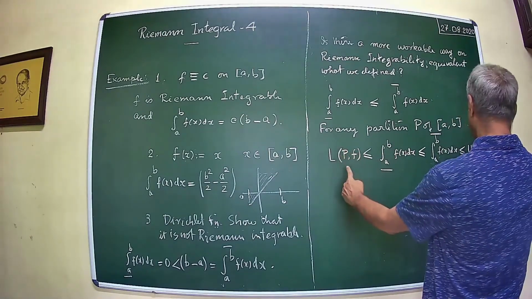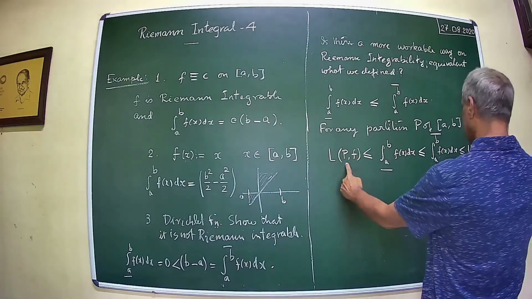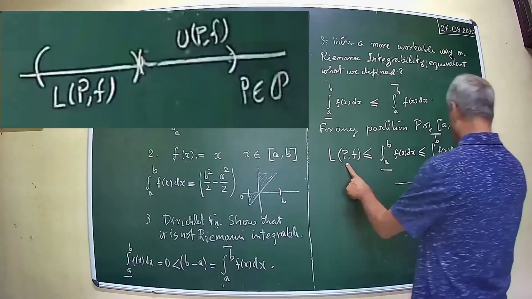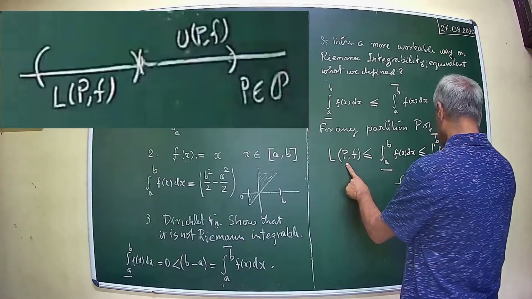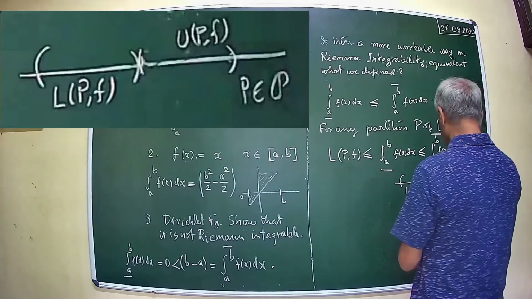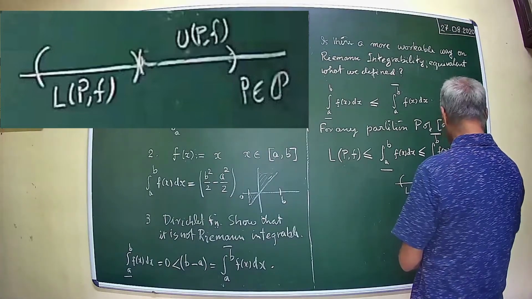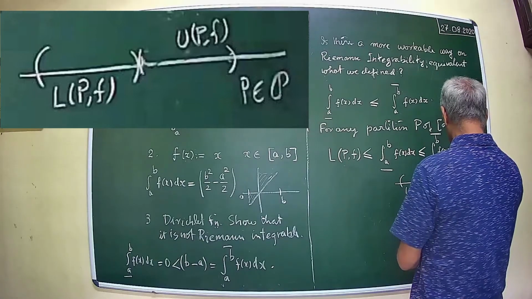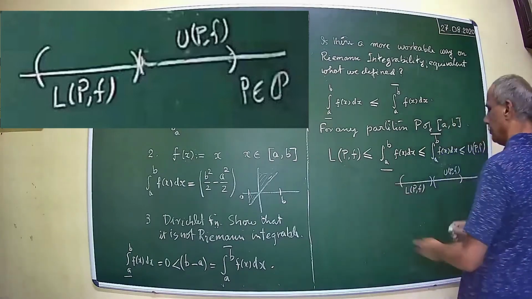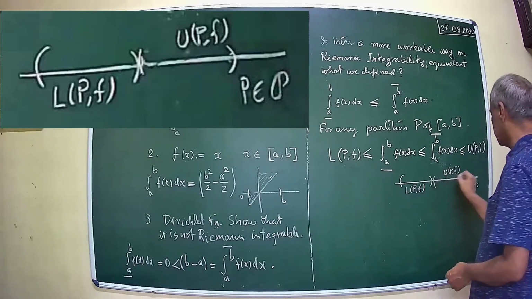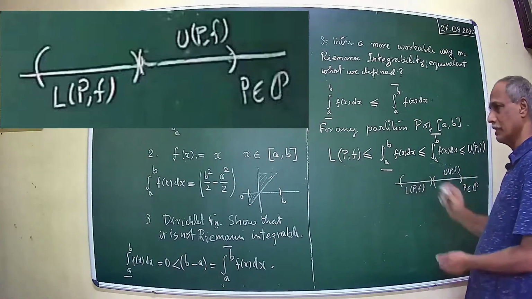So what we want is that these two squeeze this. Or in other words, this is the scenario that you have. You have L(P, f) and you have U(P, f) for all partitions P, scattered over here and scattered over here.